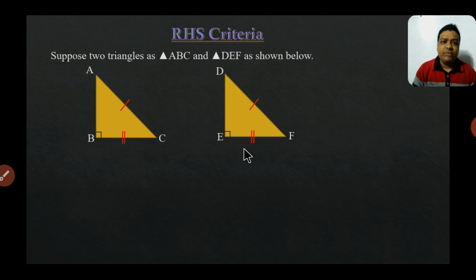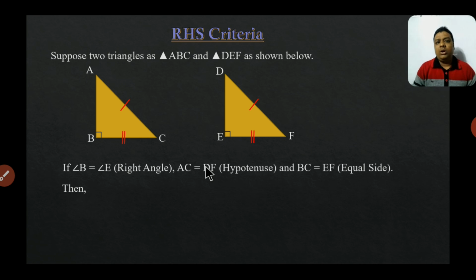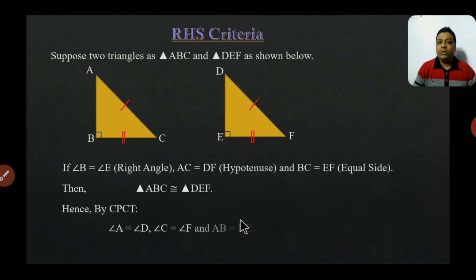Then in that case we can say that triangle ABC is congruent to triangle DEF. So now the other parts of this triangle are also equal to this triangle. It means angle A will be equal to D, AB equal to DE, and angle C equals angle F also, by CPCT, corresponding parts of congruent triangles. So this is the RHS criteria.